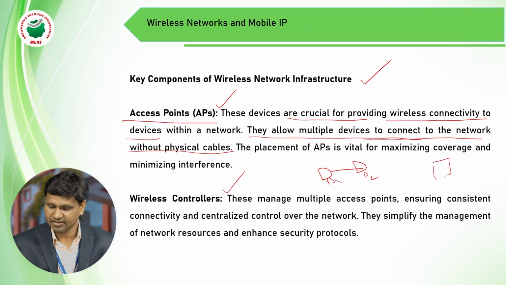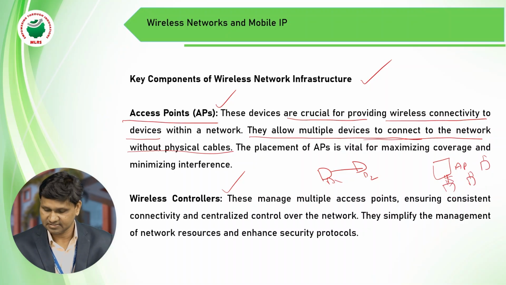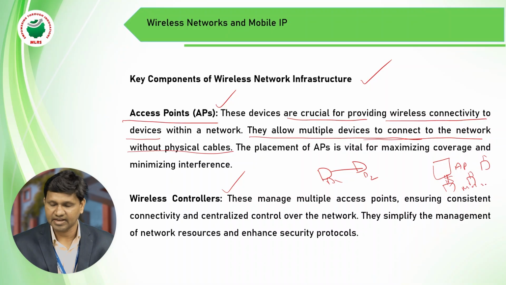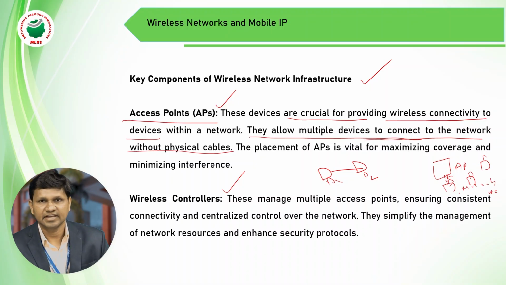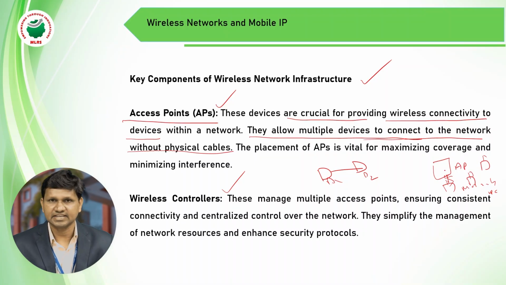Previously, without Wi-Fi, we used some wires between device 1 and device 2. Nowadays we use wireless communication media. If we install one access point, we can exchange data using different devices, which may be a mobile, laptop or PC. From these external devices, by using access points, we can access the network.